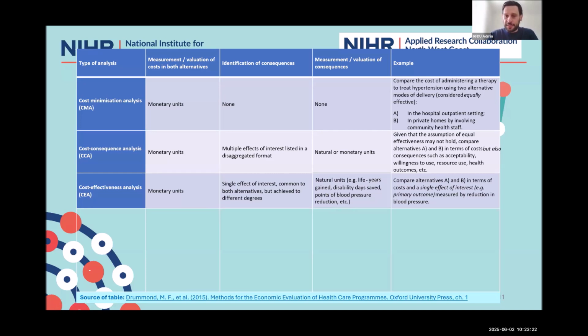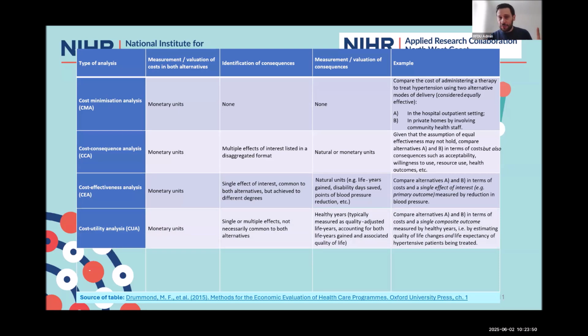But it's important to notice that things might differ between different health areas. So if you're looking at hypertension, you might be interested in a reduction in blood pressure. If you're looking at stroke, for example, you might be looking at something like physical mobility. If you're looking at cancer, you might be interested in something else. So outcomes might change, of course, depending on the different health or disease areas you're considering.